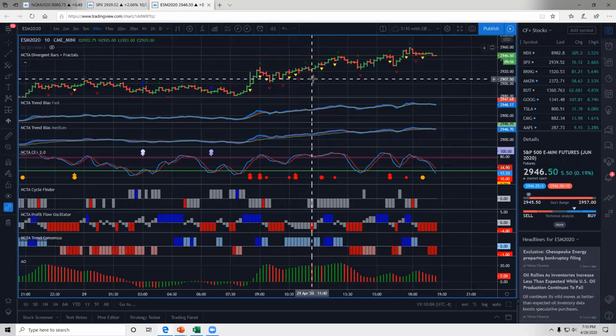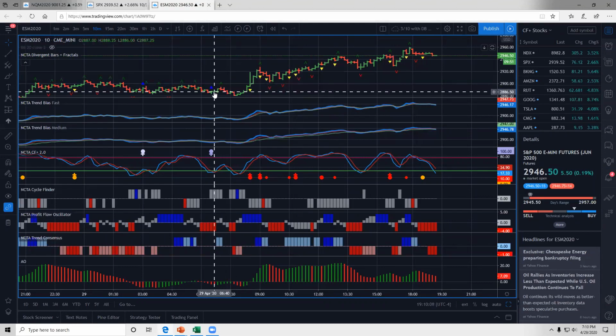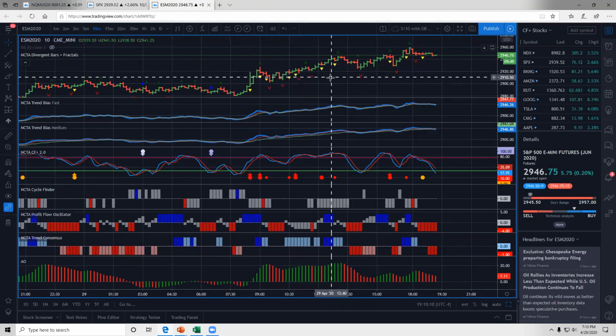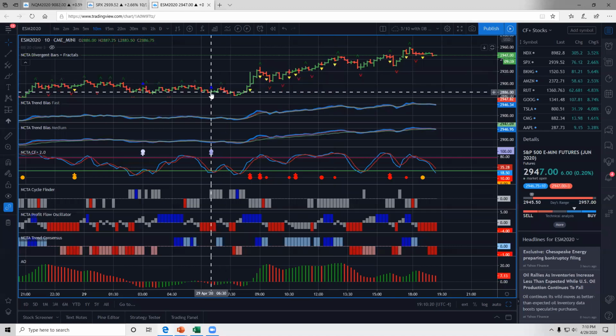Those are your fractals. Also, you'll see a yellow and a blue triangle. Those are your divergent bars. A yellow triangle indicates what's called a bearish divergent bar, and a blue triangle indicates what's called a bullish divergent bar.